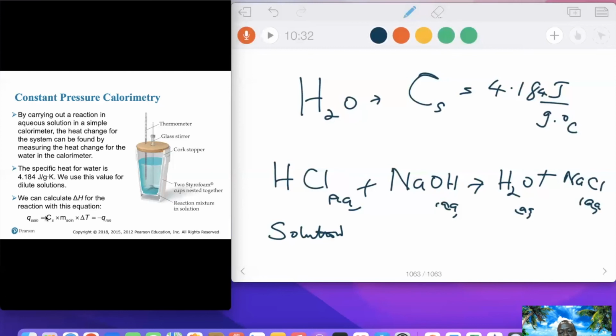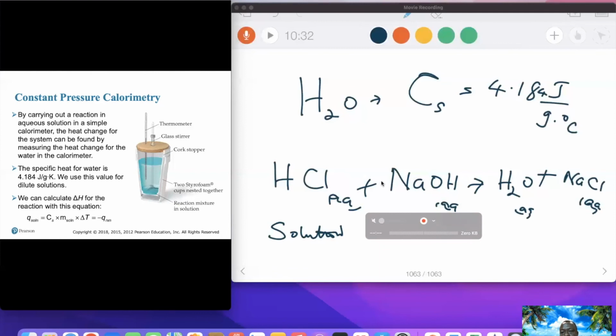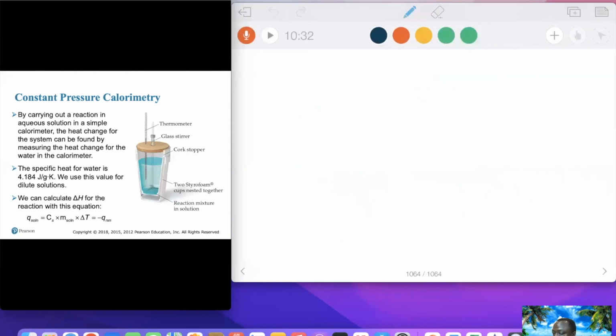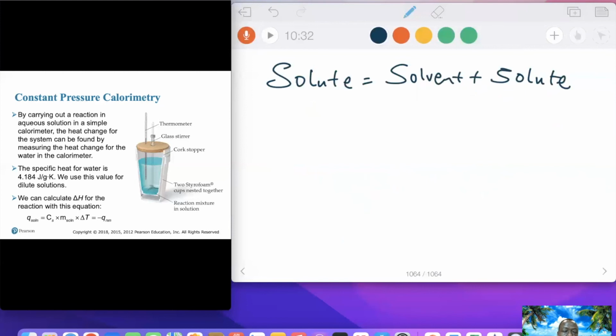I've seen in the lab, for most lab reports, students get confused. You're mixing two things to form a solution. HCl in this case plus sodium hydroxide gives us the solution. The solvent, what you are dissolving in, plus the solute gives us the solution. So you are combining two things here. Understand that this is two things.